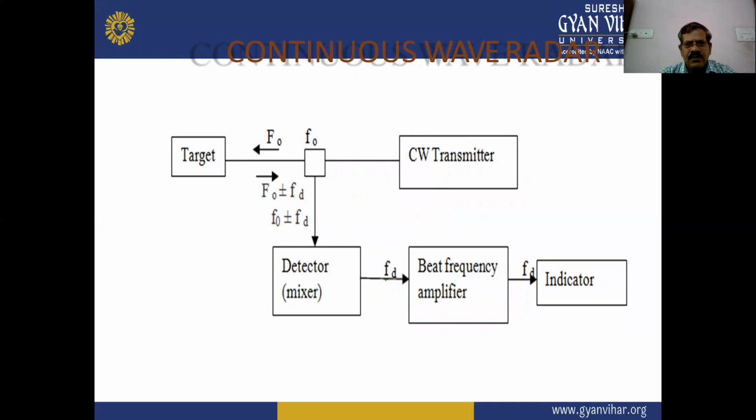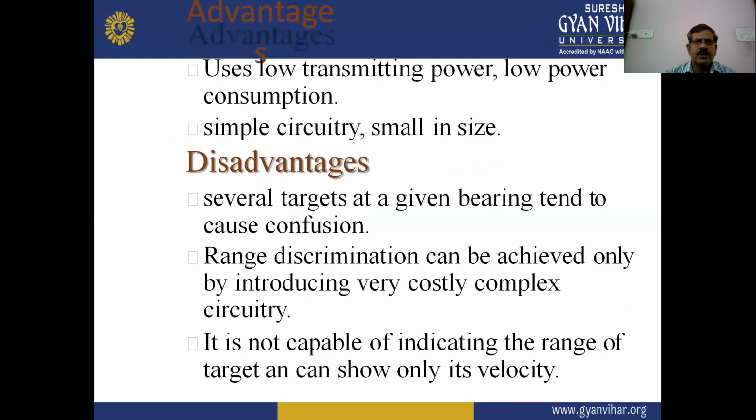So there are different networks in this CW radar, which is shown in this diagram. So the advantages of CW radar: it uses low transmitting power, low power consumption, simple circuitry, and is small in size.